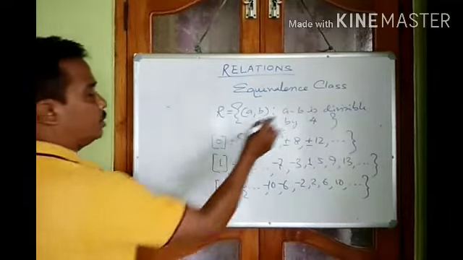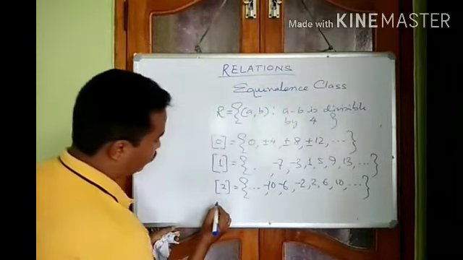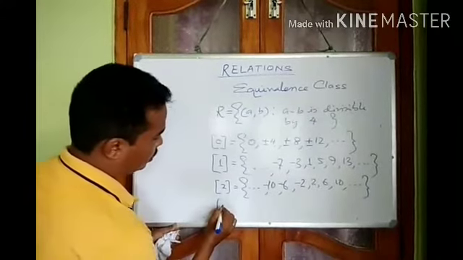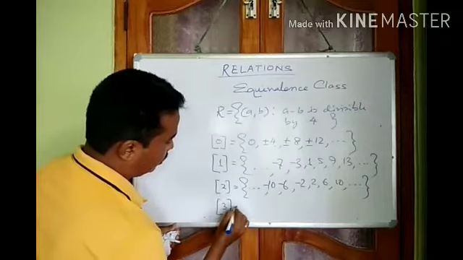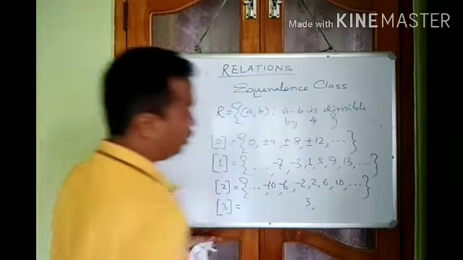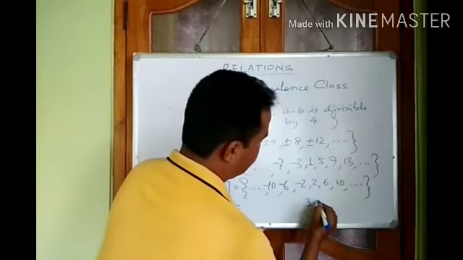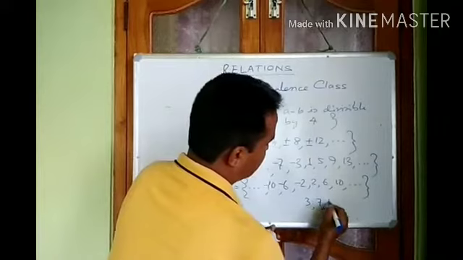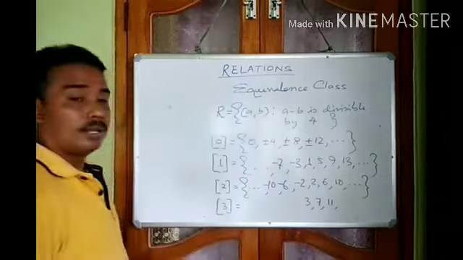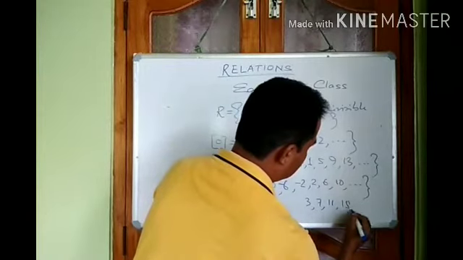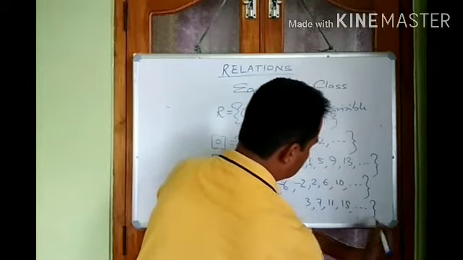And so here, since divisible by 4, we'll have one more subset or equivalence class, that is due to 3, which are related to element 3: 3 plus 4 is 7, 7 plus 4 is 11, 11 plus 4 is 15, and so on.